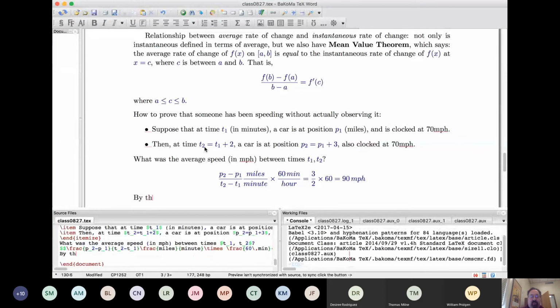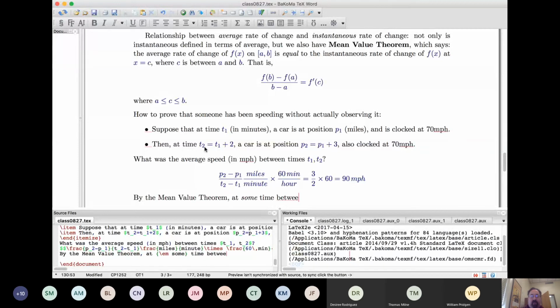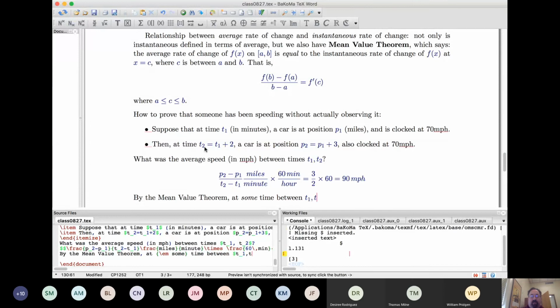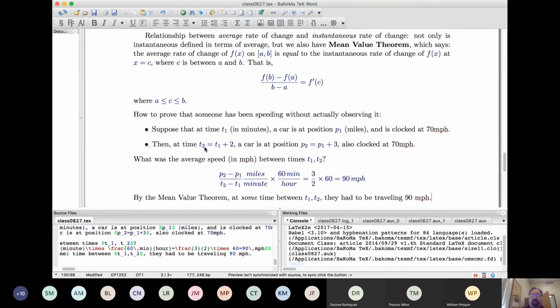So by the mean value theorem, at some time between T1 and T2 they had to be going exactly 90, just because the average rate of change, average speed, was 90 miles an hour. So at some point between these two observations, their speed had to hit that point.